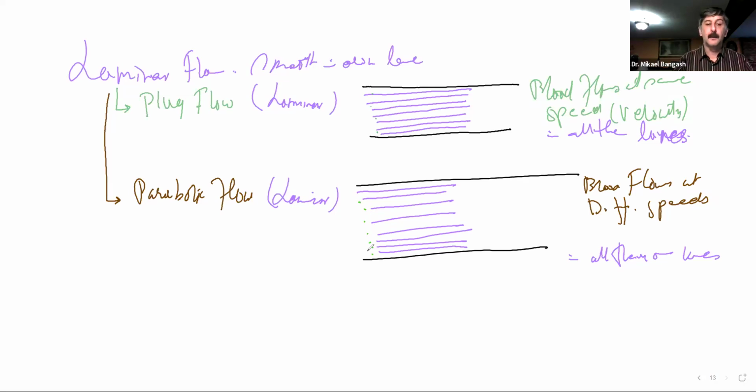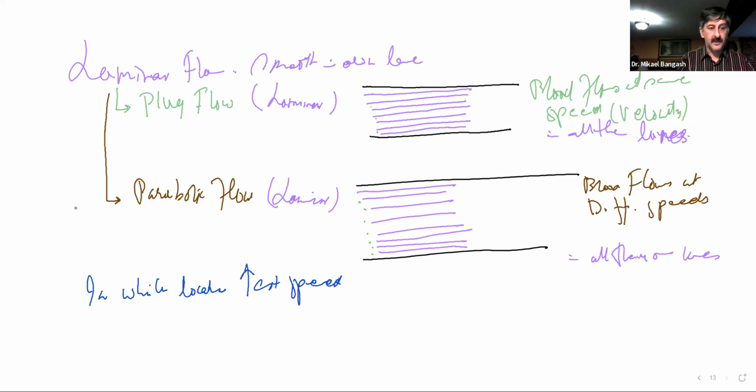Now, since the speeds are not the same in all the lanes here, the question comes: in which lane, or laminar, if you want to put it, or in which location, is the highest speed, where the blood flows fastest?